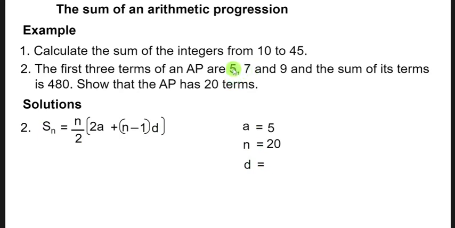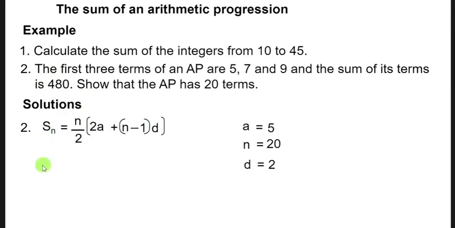So 7 minus 5, what do we get? 2. So for us to show this, we put this information in this formula and find the sum of these 20 terms.